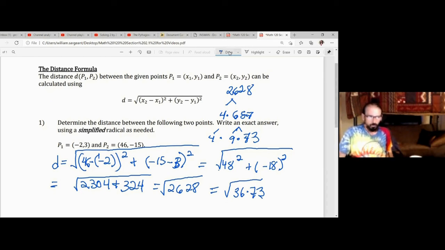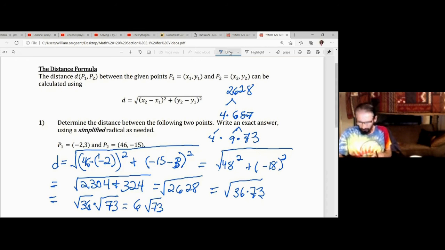So use the product rule for simplifying radicals, including square roots. And we would have the square root of 36 is 6. So 6 times the square root of 73.